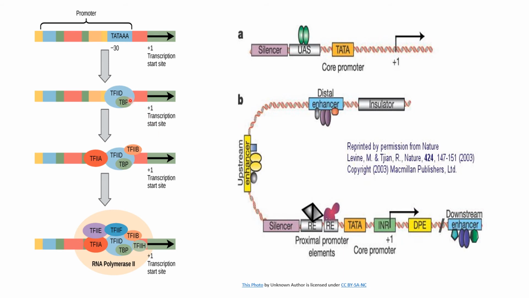Here is the binding of the general transcription factors. Transcription factors are of two types, general transcription factors and specific transcription factors, and the binding of these two types of transcription factors forms the transcriptional complex.